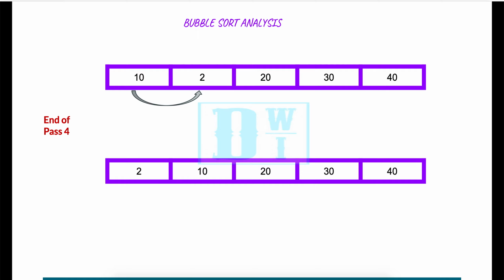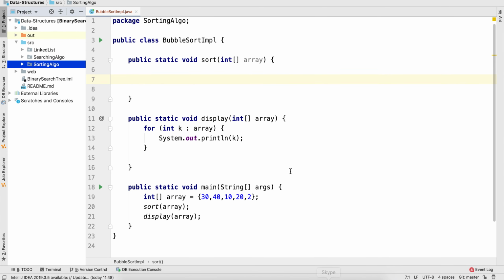Now let's see how we can implement this in code. So I have taken this class in which in the main method I have declared the array 30, 40, 10, 20 and 2. And I have a sort function for sorting these elements, and a display function for displaying the elements. Now let's start by declaring a temp variable for sorting.